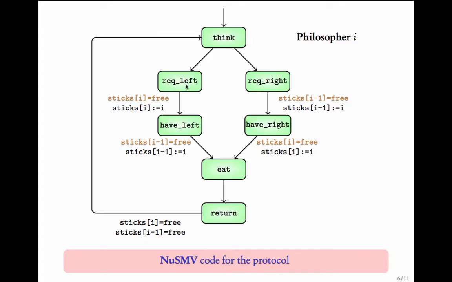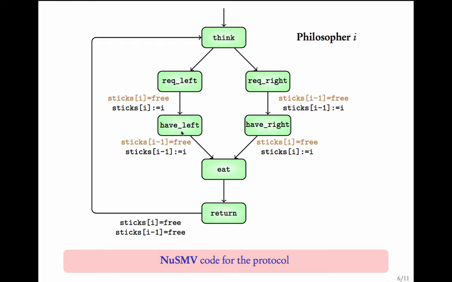That means he can either request for the left stick or he can make a request for the right stick. If he has requested for the left stick, and if indeed the left stick is free, then he can have the left stick. In the process, he makes an assignment saying that I have the left stick. That means sticks of i is equal to philosopher's number i.